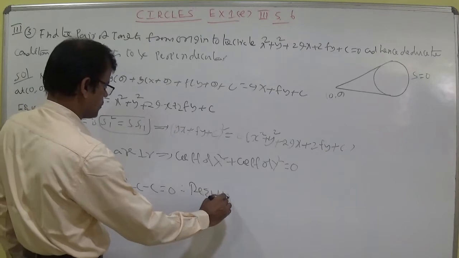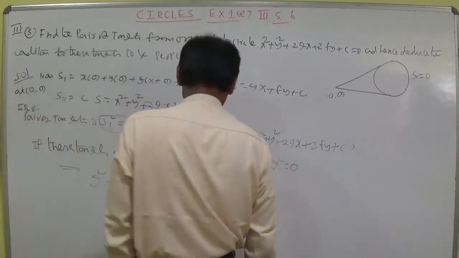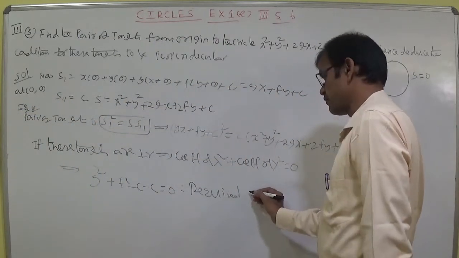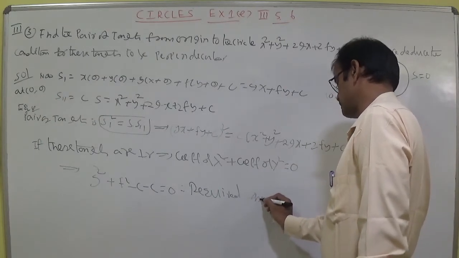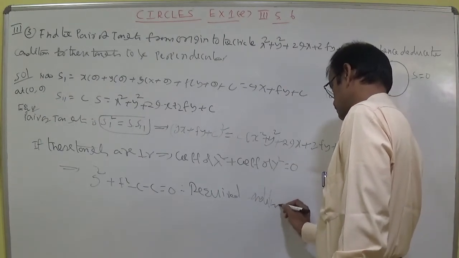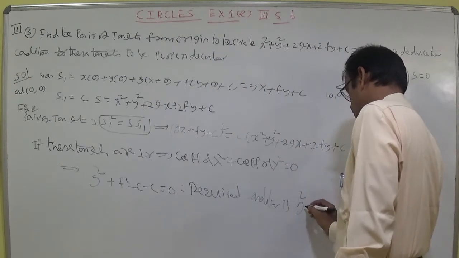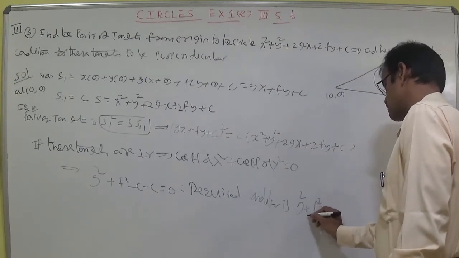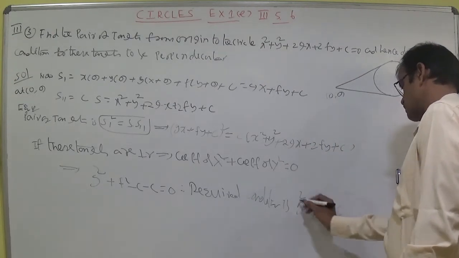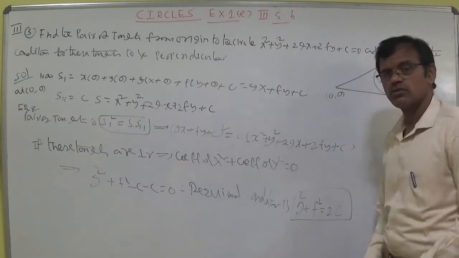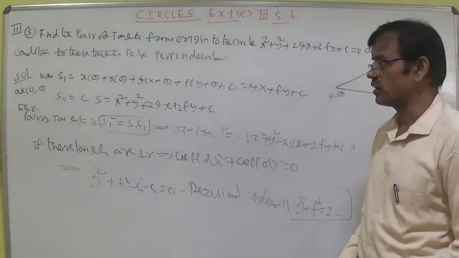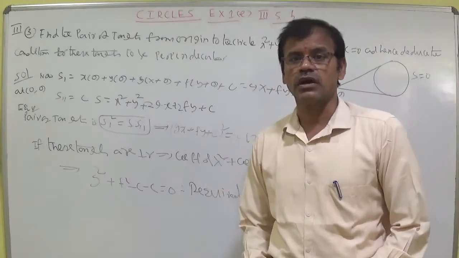Required condition is g square plus f square is equal to 2c. This is the synopsis in the objective material. I think we have proved this one in Exercise 1D also, using tan theta by 2 equal to r by root S1.